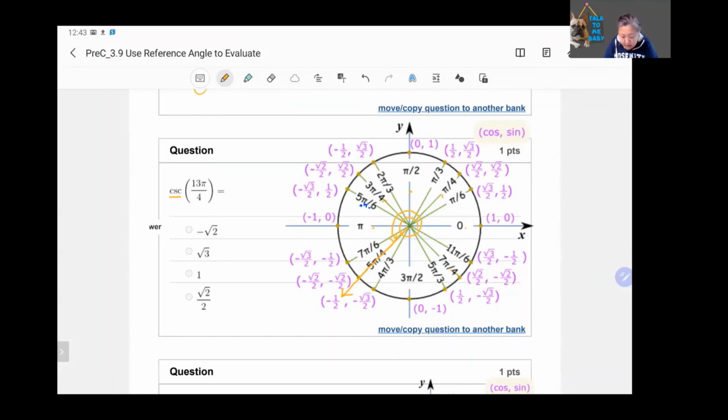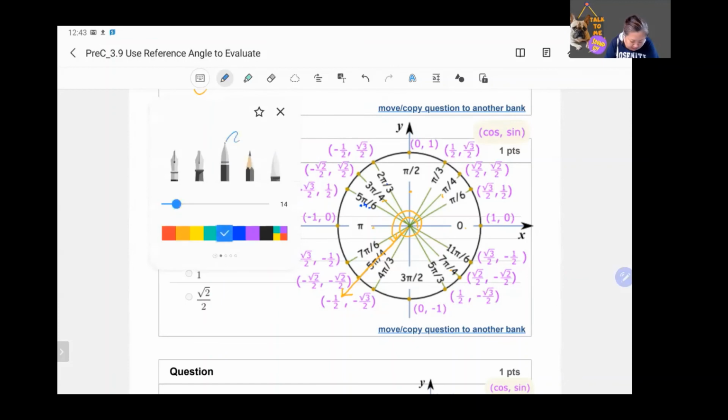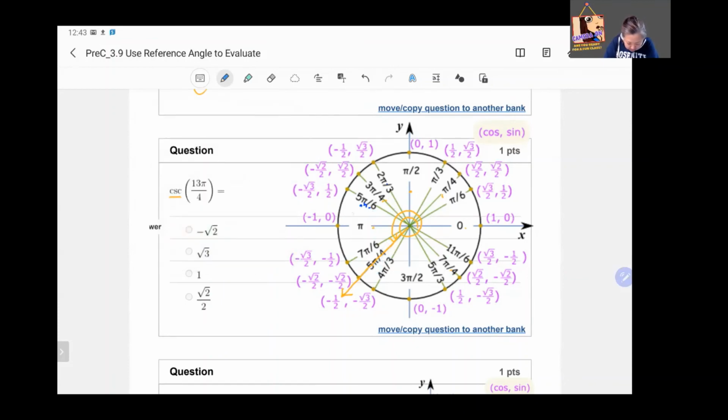But even if we went a lot further, all we need is still we can find the reference angle of that. So the terminal side and nearest horizontal axis is there. Then this is the exact reference angle of that 13 pi over 4. Then it secures us that we can still utilize this coordinate there.